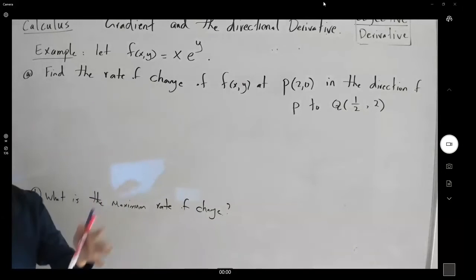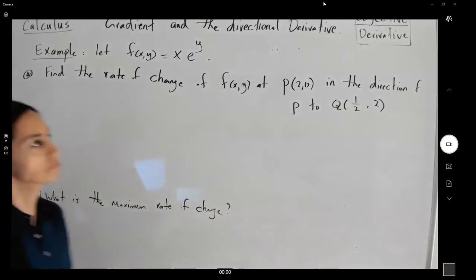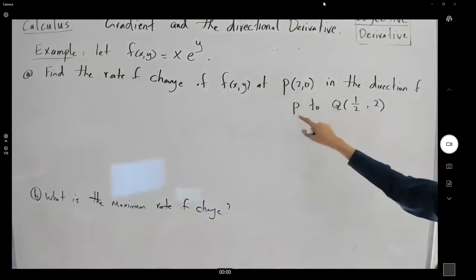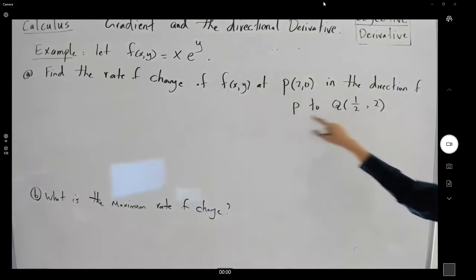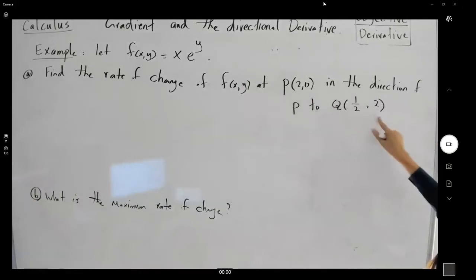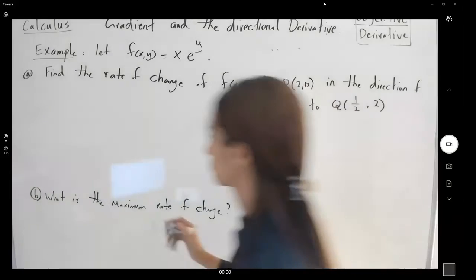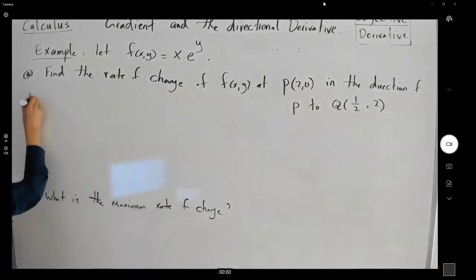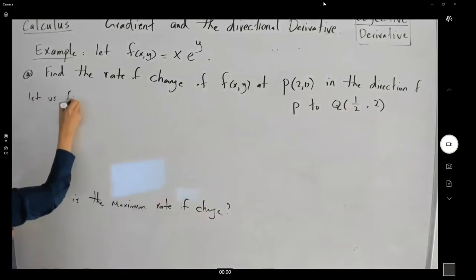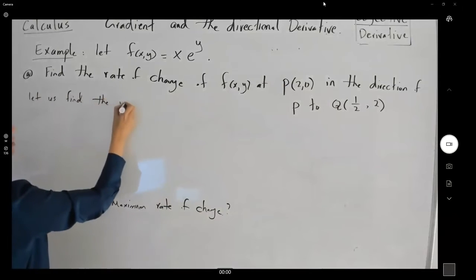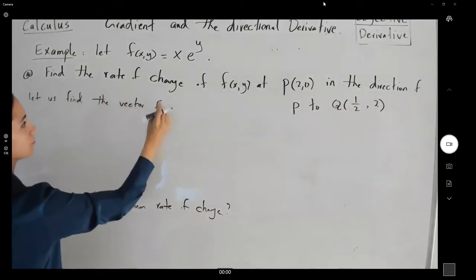First, for this function, we want to know what is the rate of change at this point in the direction of this vector. So first, we need to identify the vector, make sure this is a unit vector. Let us find the vector first.